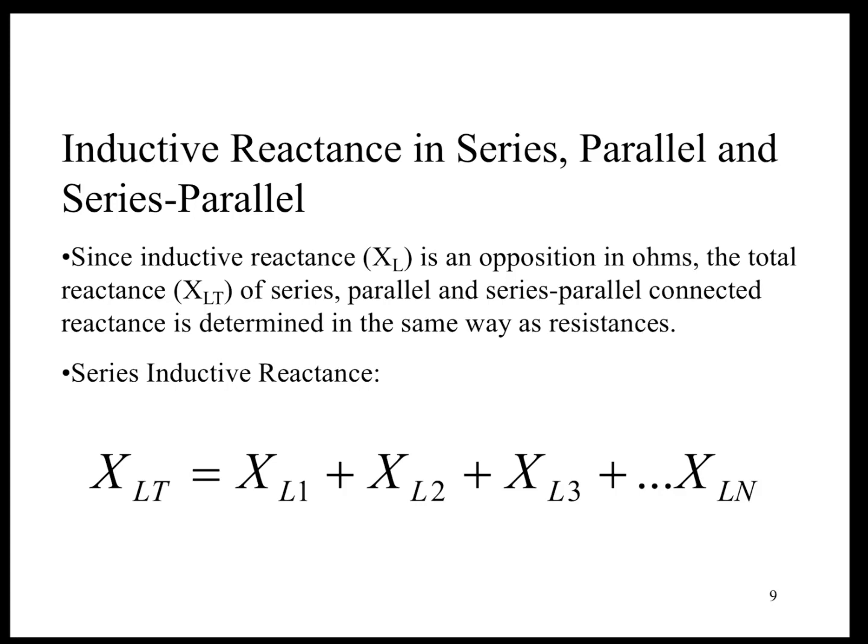Okay, in the previous presentation we talked about L total values, total henry values, from connecting inductors in series and in parallel. When it comes to opposition, or XL now, it's no different than the L total calculations we did.